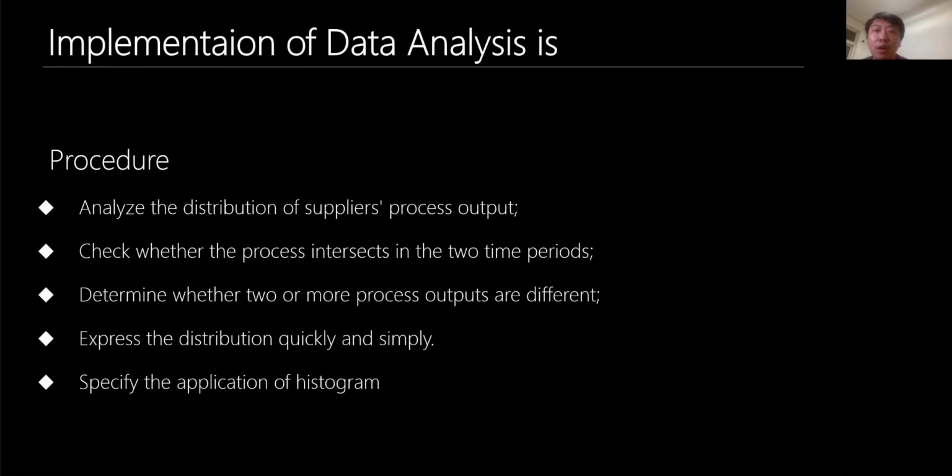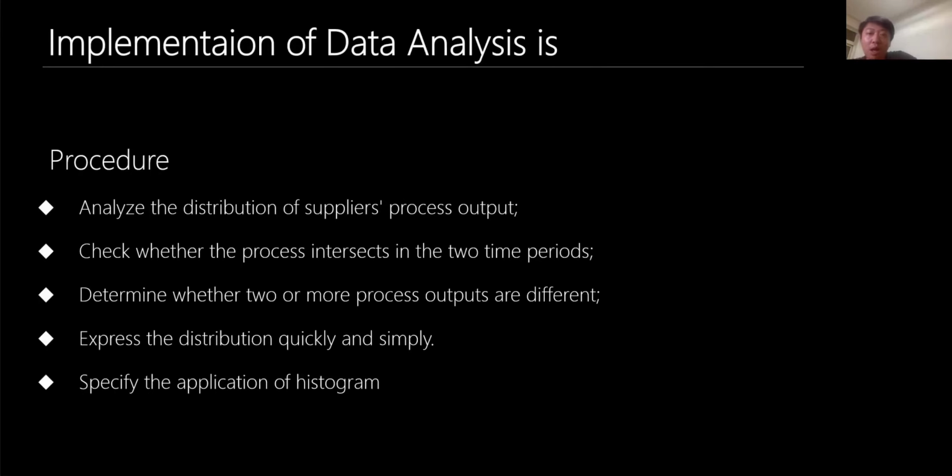All right, so here's the part in which we implement the data analysis. And here are 5 different steps we start from. In the first step, we analyze the distribution of the supplier's process output before we check whether the process intersects in the 2 time periods.